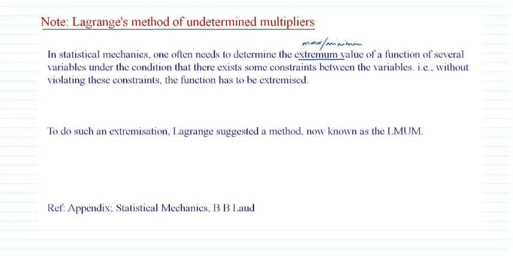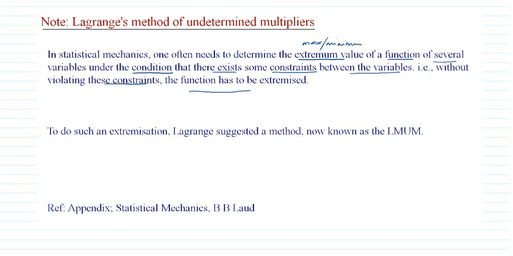So we very often want to find the extremum value of a function of several variables, say pressure, temperature, or n, v, t, under the condition that there exist some constraints between these variables. That is, without violating the existing constraints, some function of several variables has to be extremized. Let me give you a simple example.